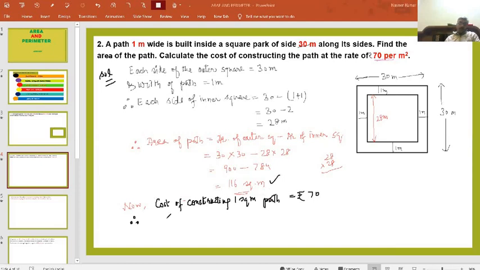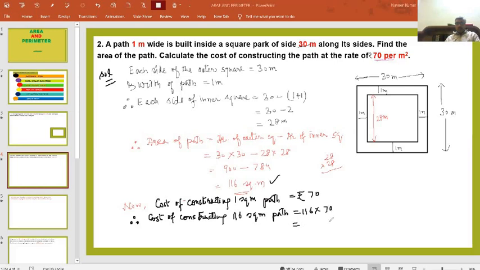That is 116 square meters. Therefore, the cost of constructing the 116 square meter path is equal to 116 multiplied by 70.